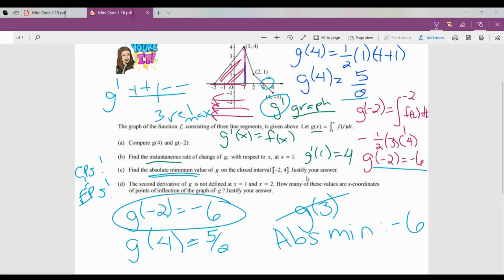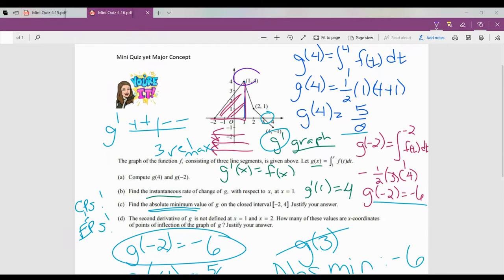Let me get rid of all those scribbles on the graph too so that we can kind of see what's going on. All right, so at x equals 1 and x equals 2, the second derivative is not defined.